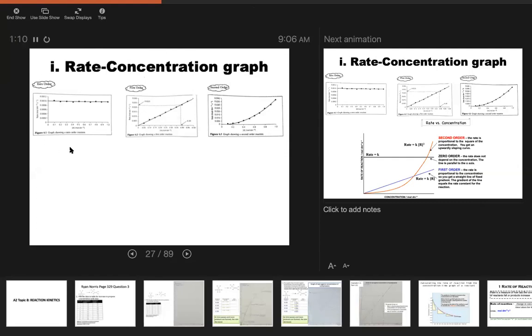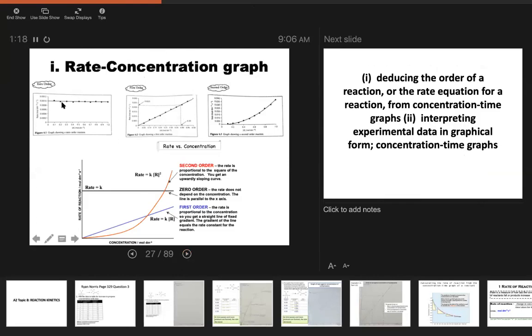For zero order, you will see that in the rate concentration graph, it will be a straight horizontal line. This shows that no matter how much you change the concentration, the rate will stay the same. That is to say that the concentration does not have any effect on the rate of the reaction for that particular reactant only.